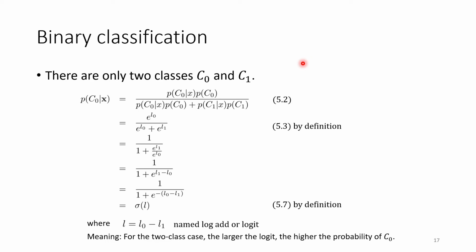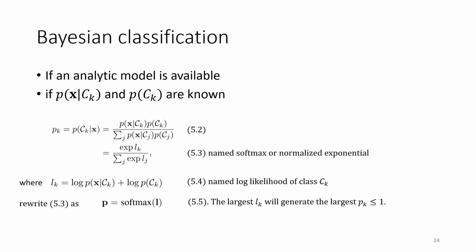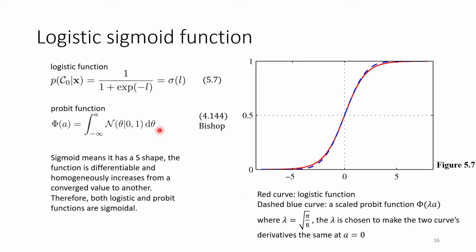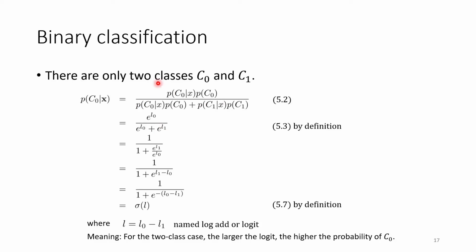Let's look at equation 5.2 again. This is the definition of Bayesian classification, and if we expand it, we get this result. Because we only have two classes, it becomes L1 and L0.